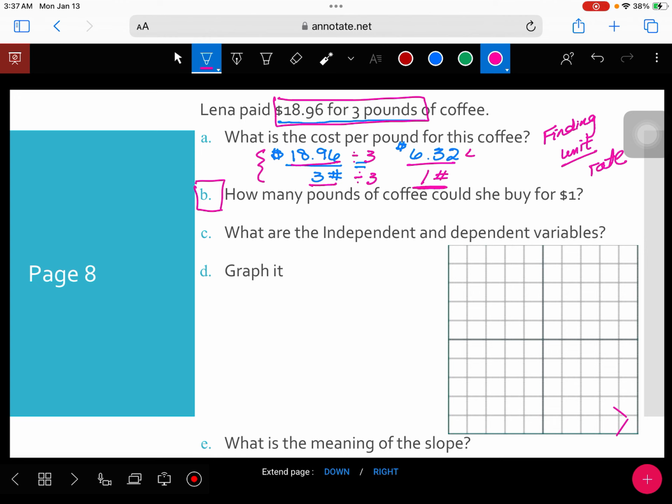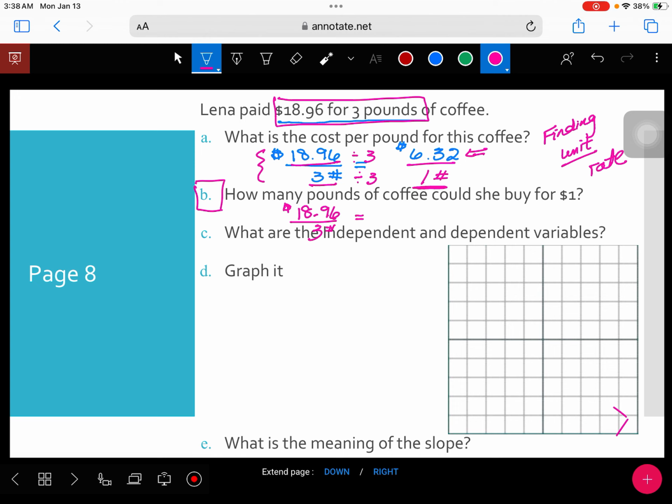And yes, we do know this, but I would almost always tell you to go with what the problem gives you, because sometimes we tend to make mistakes. So if it's $18.96 for 3 pounds of coffee, and this is the symbol for pounds. I know some of you look at it as hashtag.